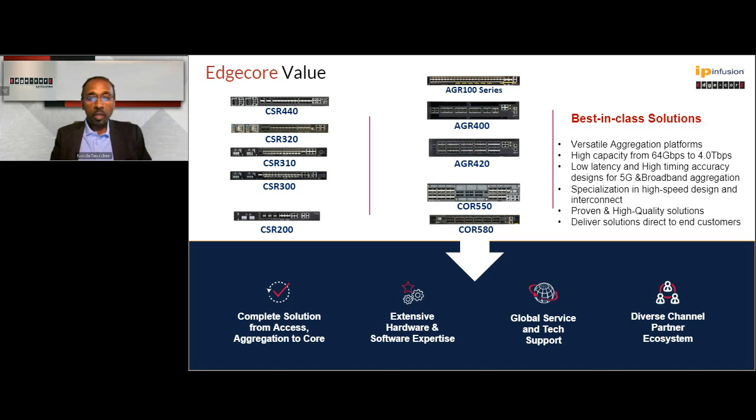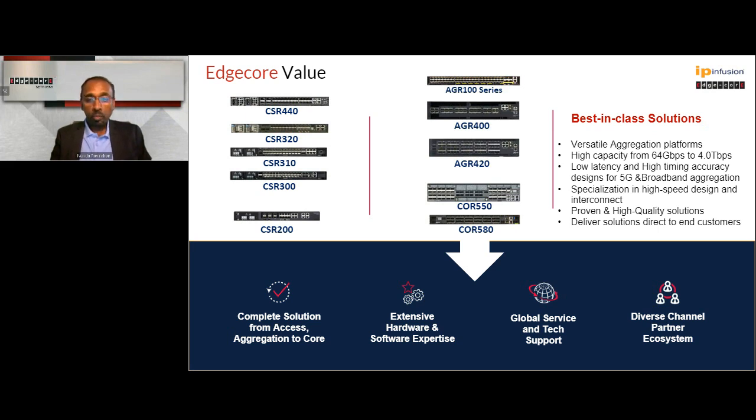We have a worldwide presence. We have a global service and tech support capability, and we have a diverse channel partner ecosystem to reach service providers in all regions globally. So overall, we feel we have the best-in-class solutions to address broadband aggregation requirements.